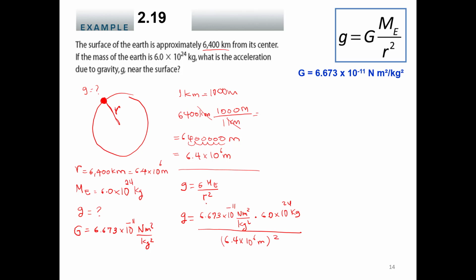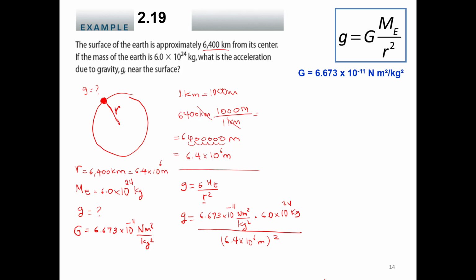Then we just replace this by G, the mass of the Earth, and the radius 6.4 times 10 to the power 6, squared.